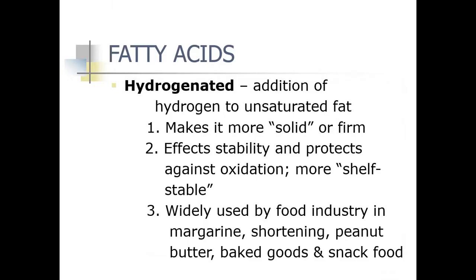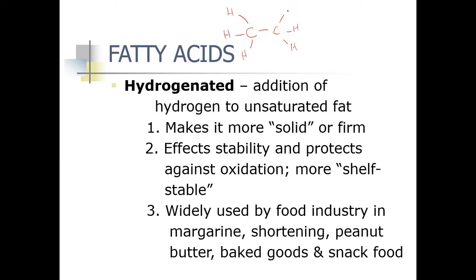Now, fatty acids can be hydrogenated, meaning an addition of hydrogen to unsaturated fatty acids. The difference from saturated is that a saturated fatty acid is saturated with hydrogen.